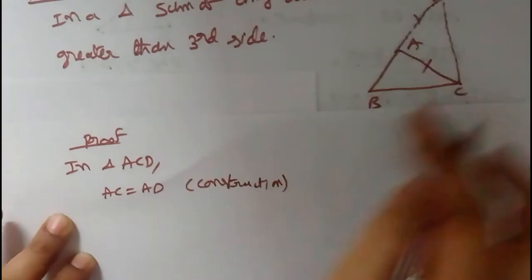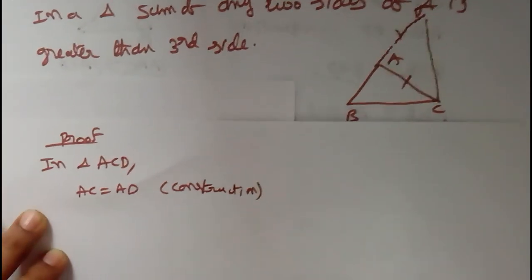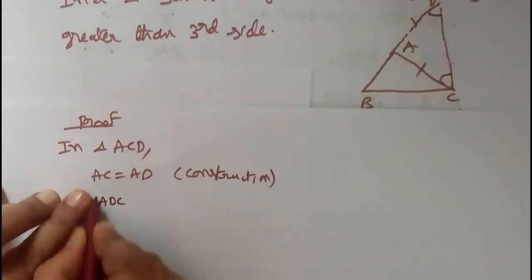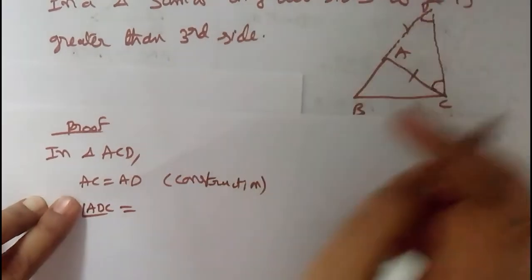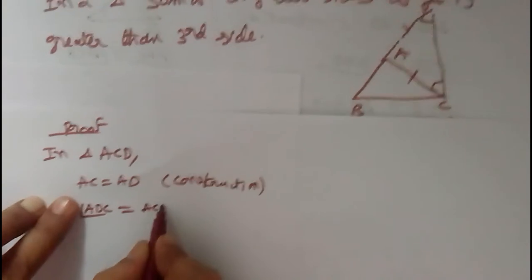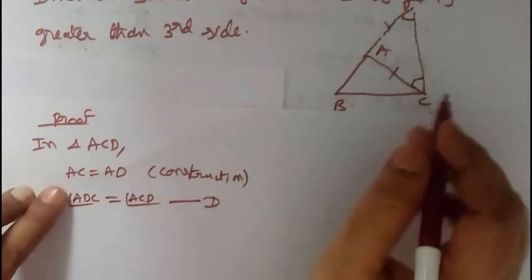So this triangle ACD is an isosceles triangle. We know that in an isosceles triangle, if two sides are equal, then the angles opposite to these two equal sides are equal. So the angle opposite AC is angle ADC, and angle ADC is equal to the angle opposite AD, which is ACD. These two angles are equal. This is equation 1.